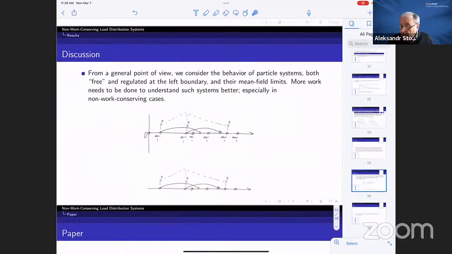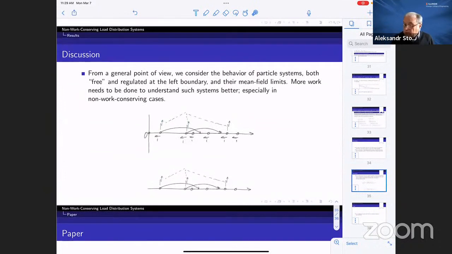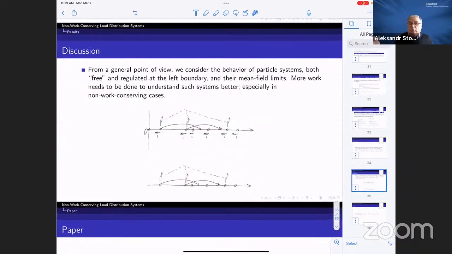Okay? And the final slide is, from the general point of view, what we are looking at is the behavior of this kind of sets of particles, right, which have these two properties, egalitarian trend and monotonicity, and we're looking at the mean field limits.